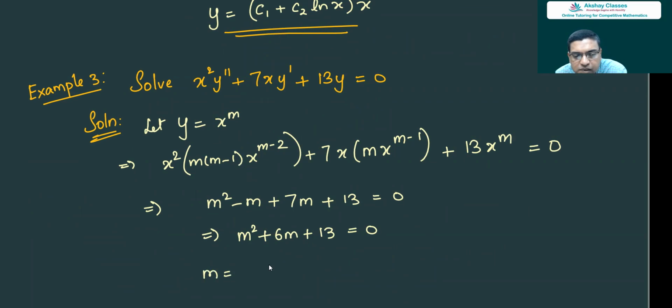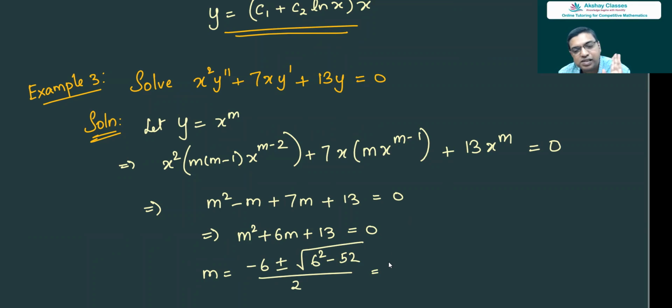Now the discriminant b square minus 4ac, 36 minus 4 into 13, is negative. So m is minus b plus or minus root of b square minus 4ac; 13 fours are 52, 36 minus 52 is minus 16. So minus 6 plus or minus 4i by 2. So minus 3 plus or minus 2i.